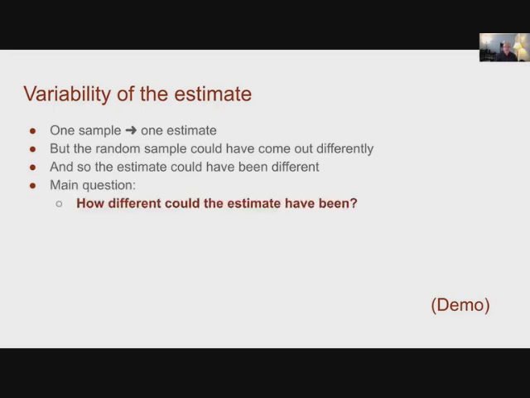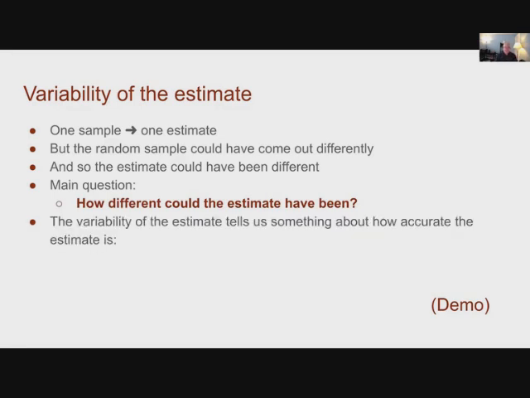Okay, so the question we want to ask is, if we took different random samples, how different could that estimate have been? What is the variability of that estimate? And that variability is also going to tell us something about how accurate our estimate is. The way you can look at it is that the estimate, the thing that we're measuring from our sample, is going to be equal to the true parameter.